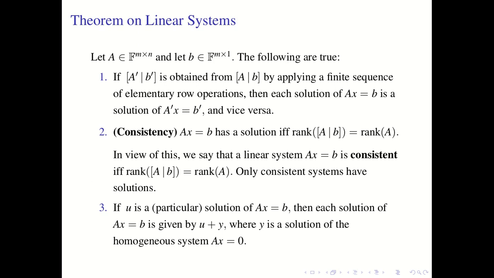So what are the basic properties? Start with an m by n matrix A and a vector b in F^(m×1). Then the following are true. Suppose [A' b'] is obtained from [A b] by applying a finite sequence of elementary row operations.